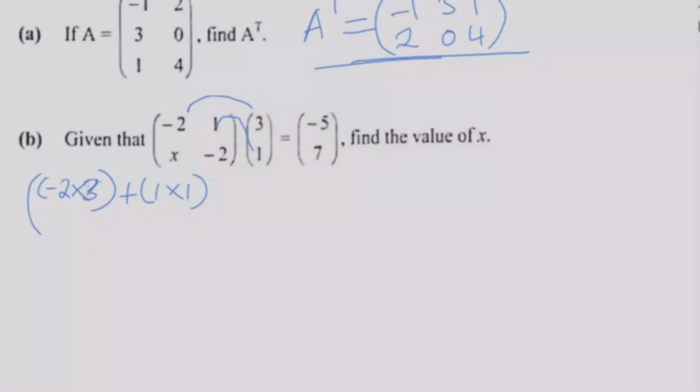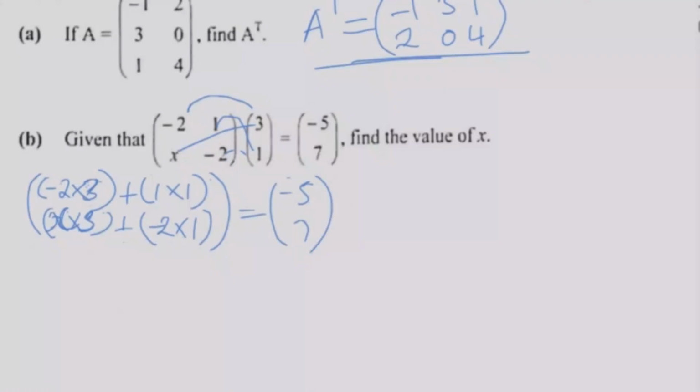Then after that, I'm also going to multiply x by 3, so it will be x by 3, plus negative 2 by 1, then close the bigger matrix, which is equal to negative 5, 7.